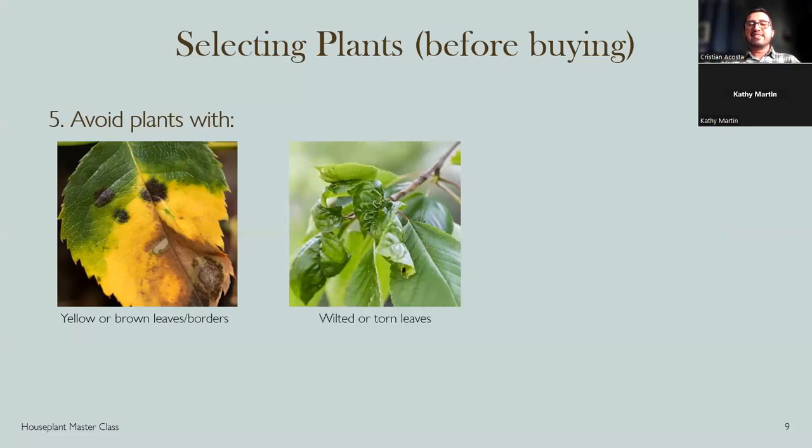Also, in the second example, we can see some wilted or torn leaves. In this example, the leaves are green, but the shape is not good looking. We can have some healthy leaves that are just normal, and these ones are not yellow, not brown, but the shape is different.